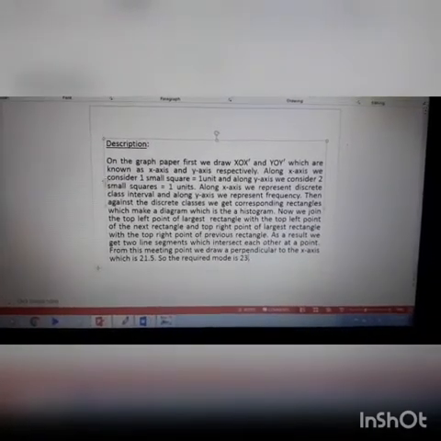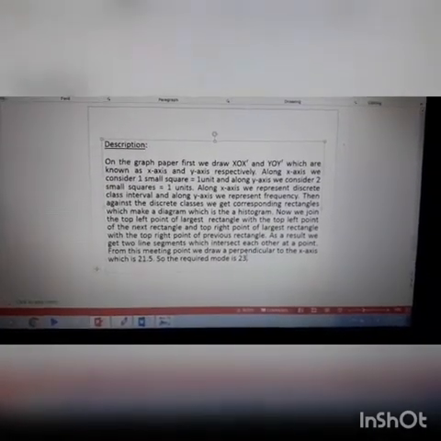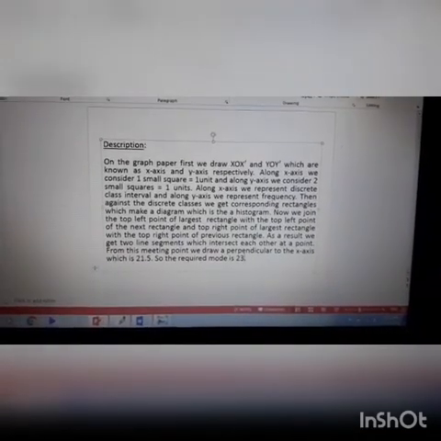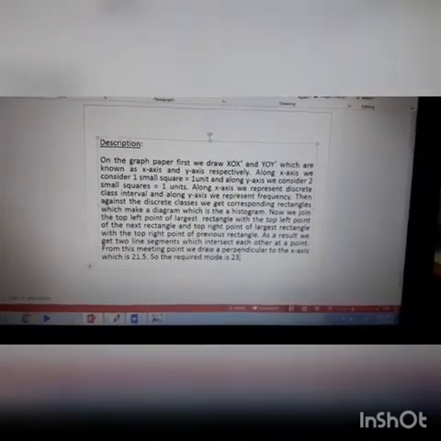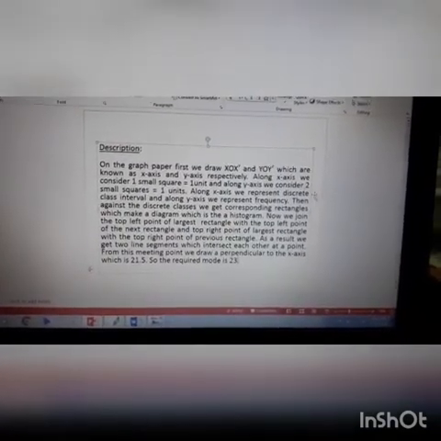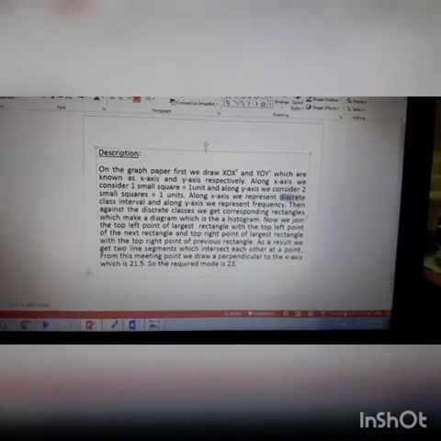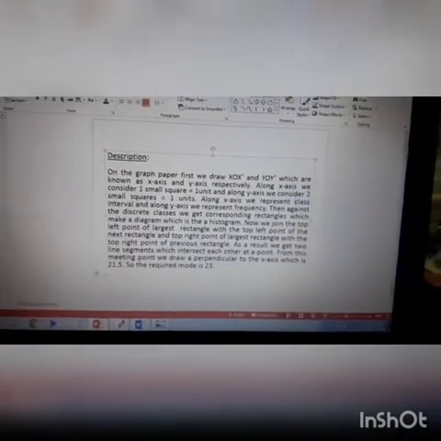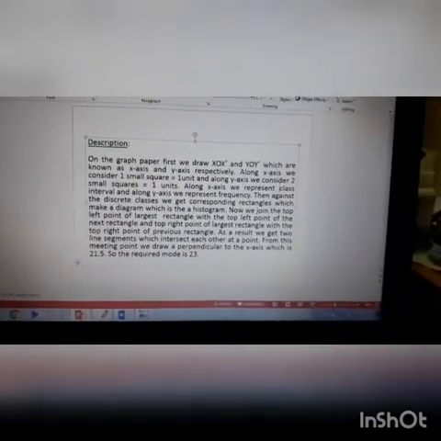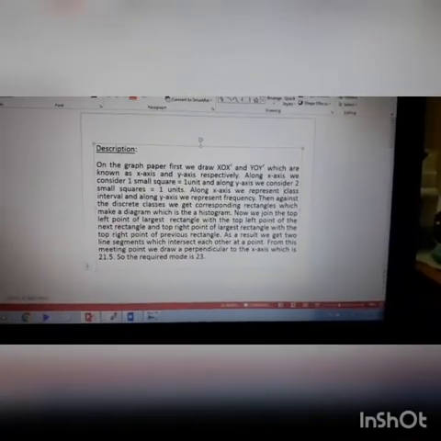Along the x-axis we consider one small square equal to 1 unit, and along the y-axis we consider two small squares equal to 1 unit. Along the x-axis we represent the class intervals, and along the y-axis we represent the frequency.